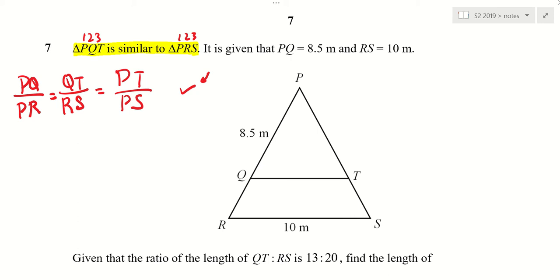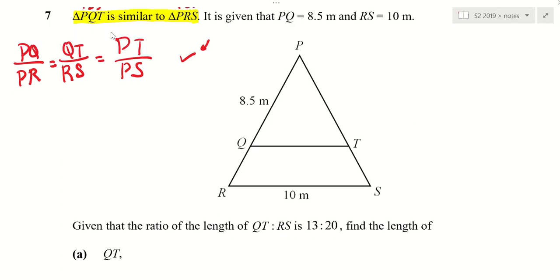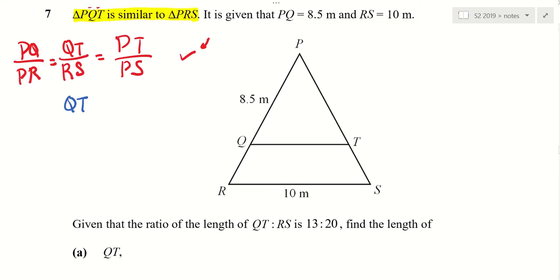Let us try and write out the things we know. QT over RS. Where is QT? QT is here. So you write down QT over RS.